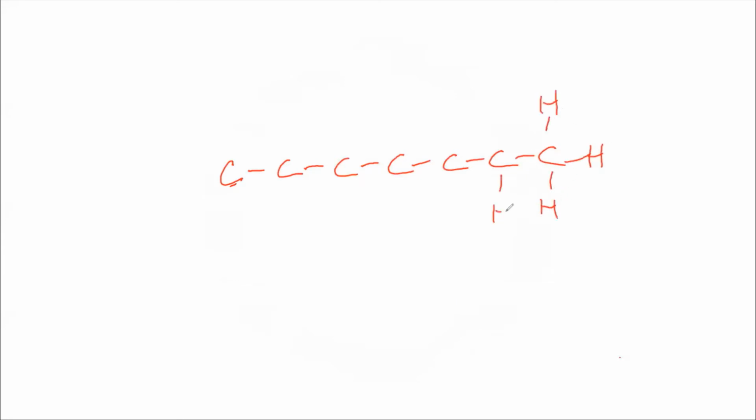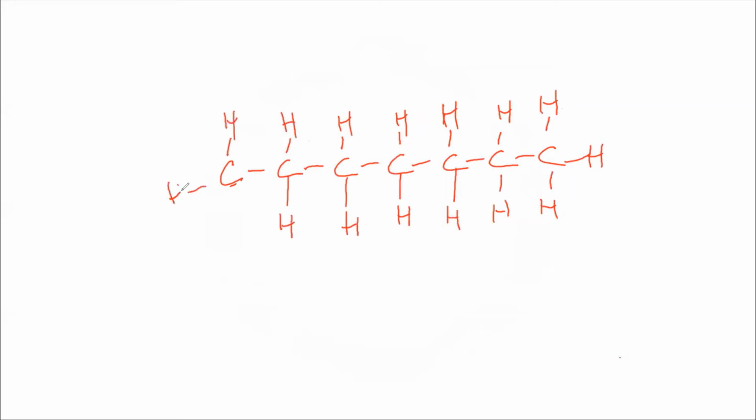So 7 carbons in a row should be 1, 2, 3, 4, 5, 6, 7. We need to fill in our hydrogens. And that's how we can get all 7 of our heptane.